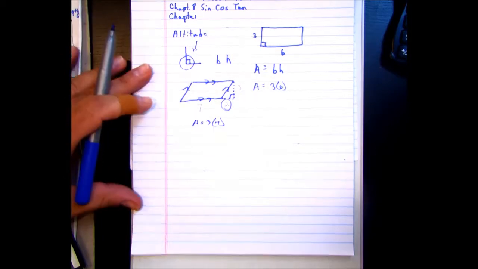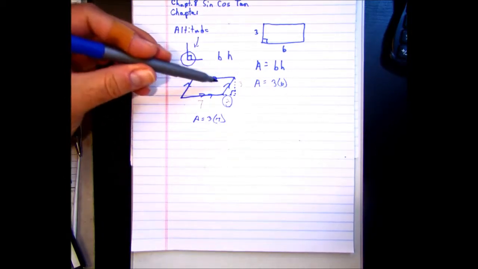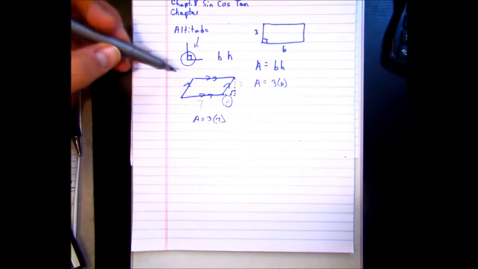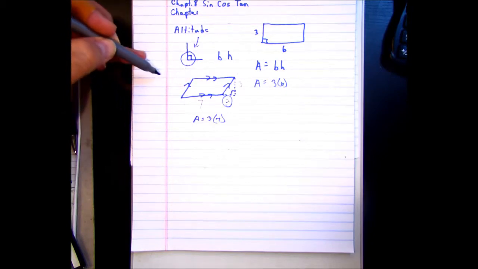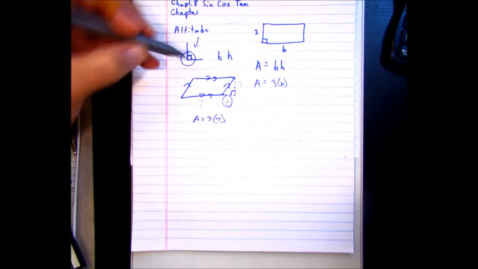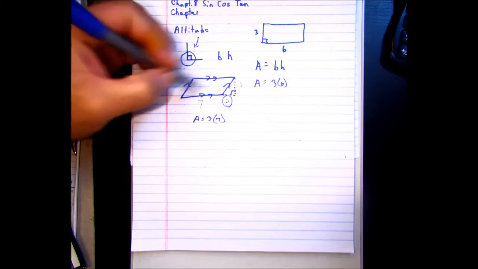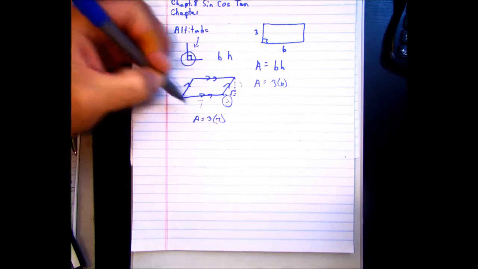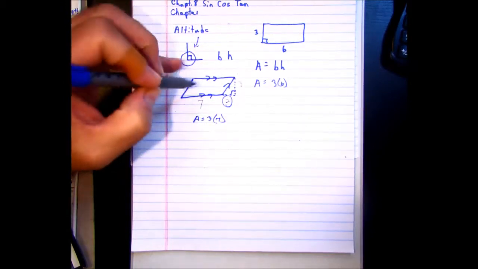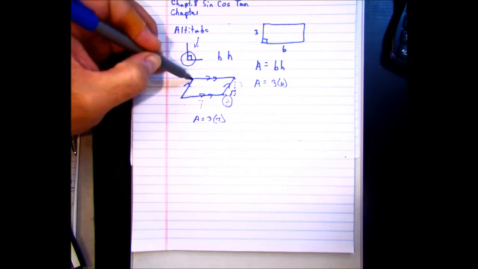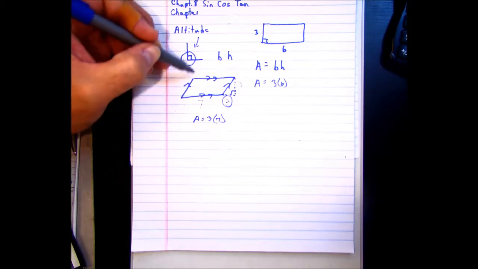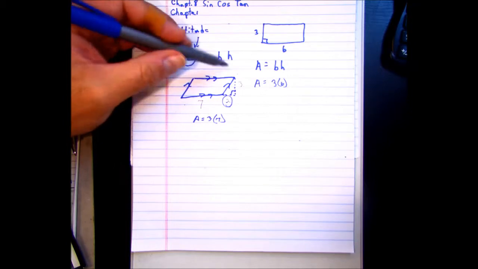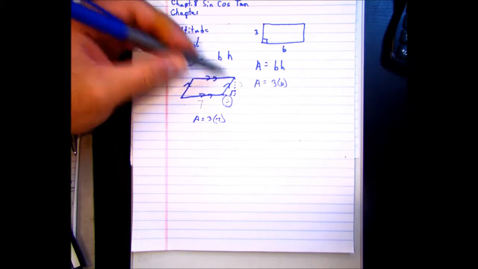So concept-wise, the area of a shape is the area of a shape, regardless of if I move the shape. Okay, so let me explain this to you. If we were in a Word document and you put a square or a rectangle on that Word document, most of you know that if you clicked on the picture, you could grab the corner and drag it one way, drag it another way, and it changes the orientation of the actual shape.